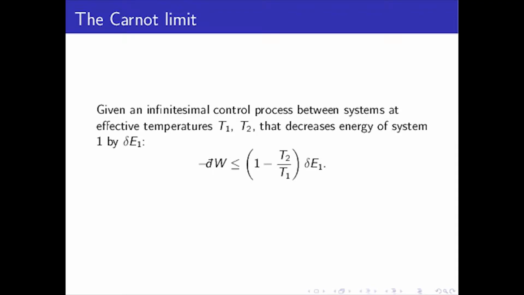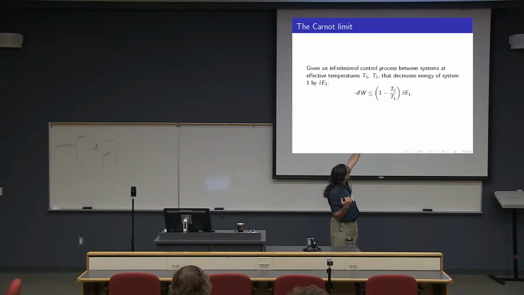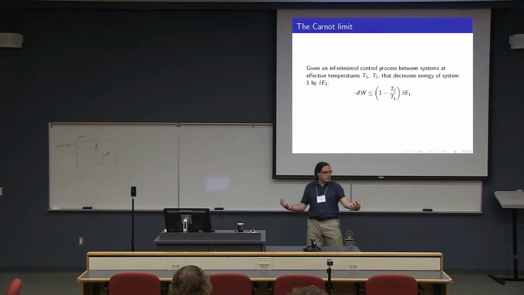Then you can prove, even under the full assumption that you've got arbitrary reversible transformations available, the best you can do for work is given by that formula there, which is the familiar Carnot formula for efficiency. So the closer the two systems are in temperature, the closer that factor is to 1, and the less work you can get out from the process.